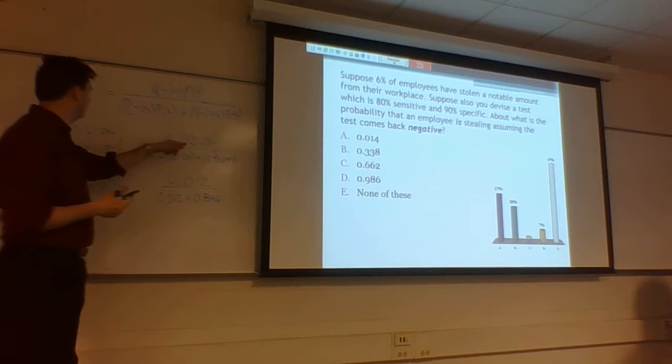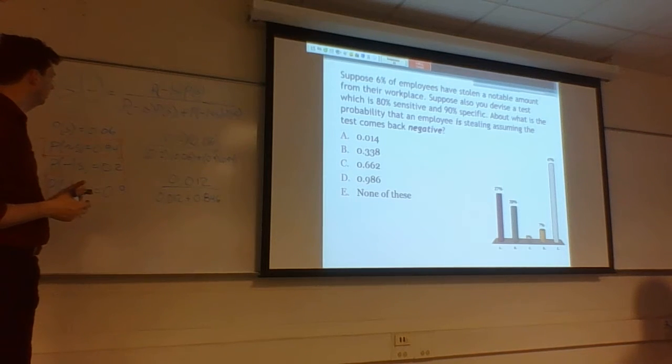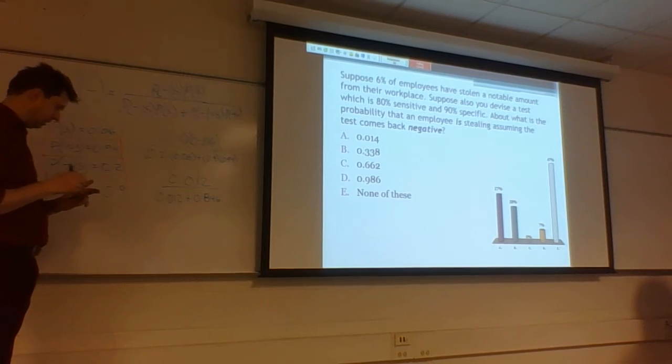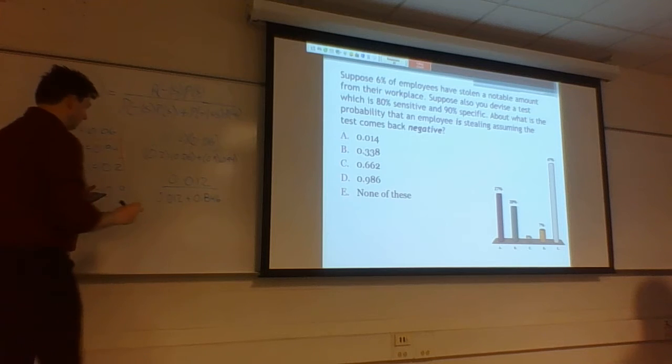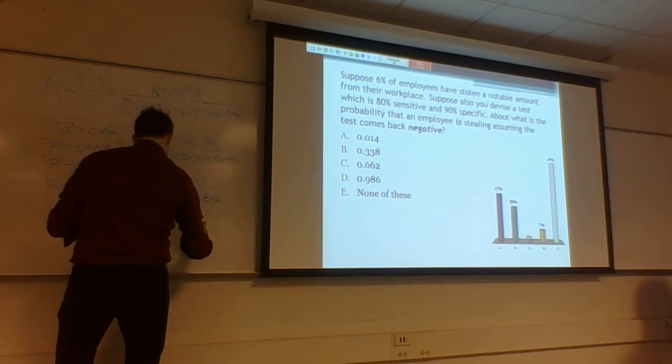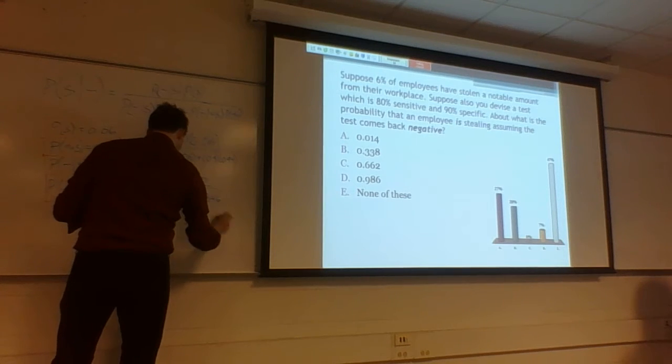So I want to make sure I did this right. That looks right. If it was 2, then we lose a decimal point. And then we take that plus 0.06, and we get 0.012 divided by 0.906.